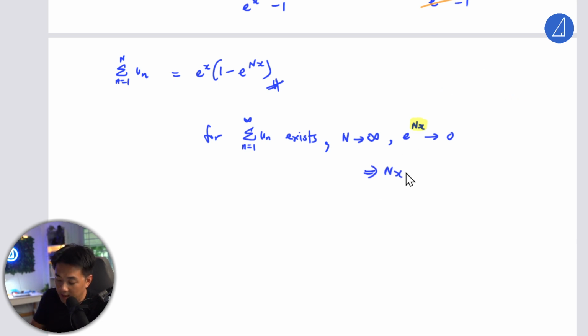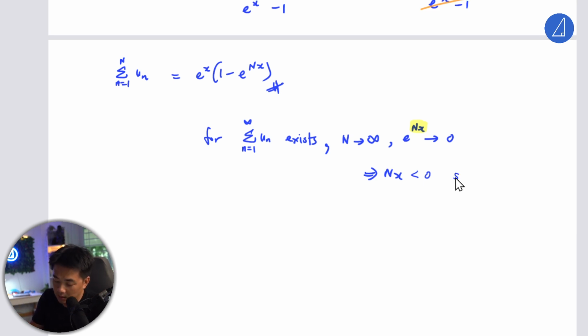So basically Nx has to be less than 0. N is a positive integer because it is a running number. Hence this will imply that x is less than 0. If N multiplied by x gives you a negative number and N is positive, then x has to be negative.